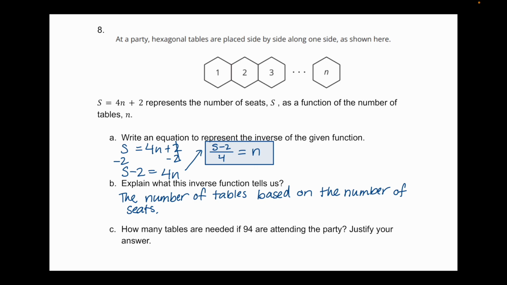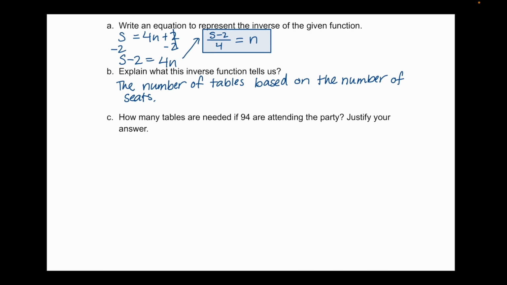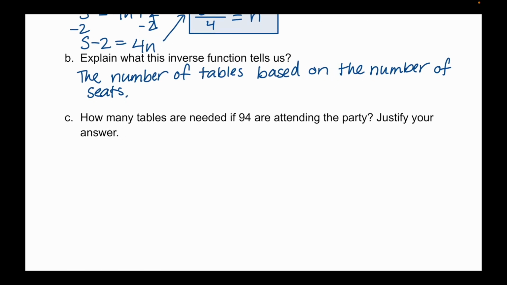Or you could say the number of tables when there are a specific amount of seats. So if 94 people are attending the party, that's question C, we want to explain how many tables.